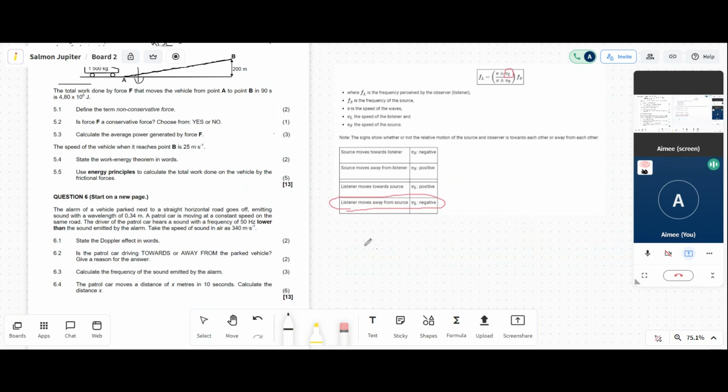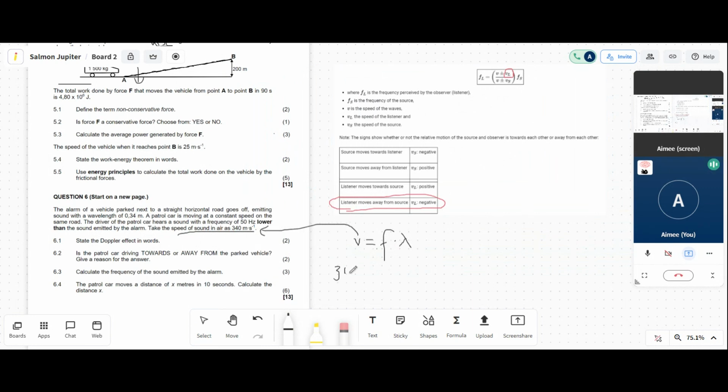You use the formula V is equal to frequency multiplied by wavelength, and we're talking about the speed of sound in air. So V is the speed of sound in air.